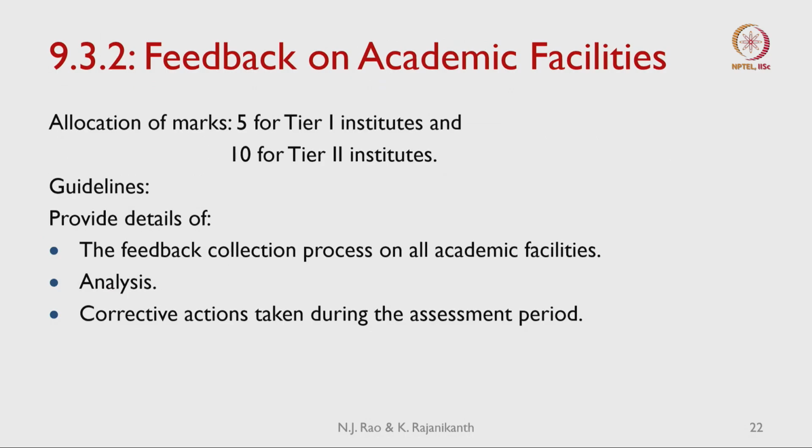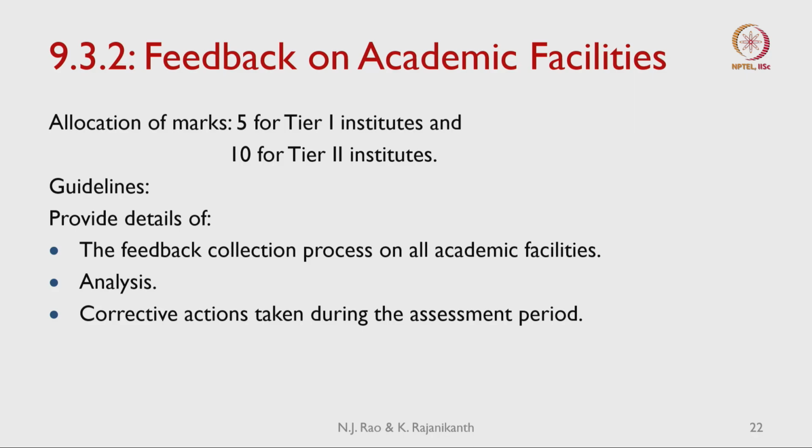Then feedback on academic facilities. Allocation of marks: 5 for Tier 1 institutes and 10 for Tier 2 institutes. Once again, refer to the NBA website for the latest information on Tier 2 institutes. Provide details of the feedback collection process on all academic facilities.